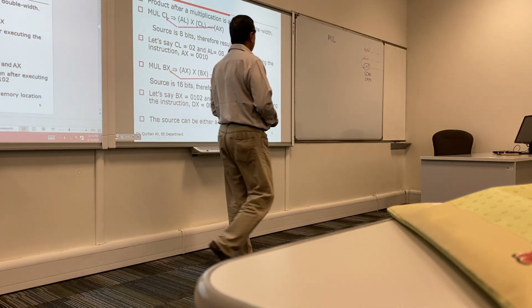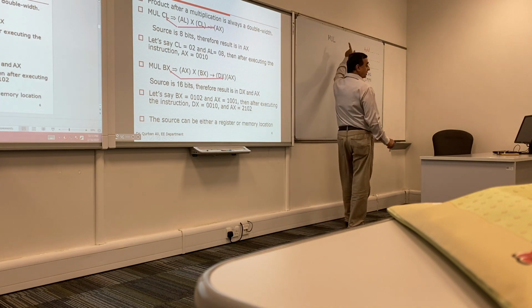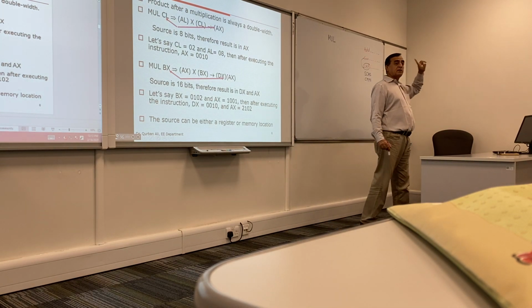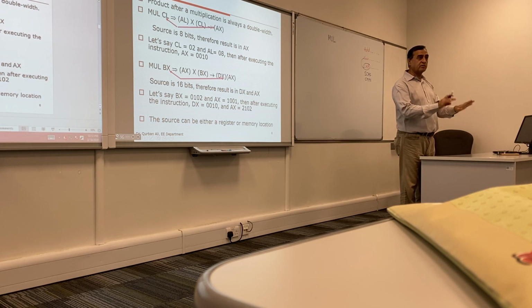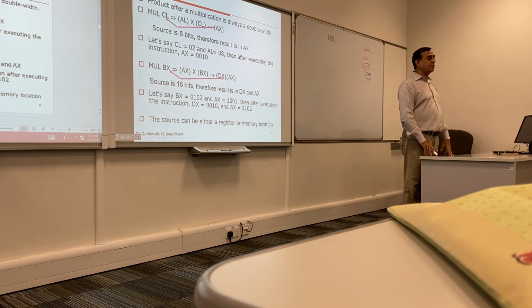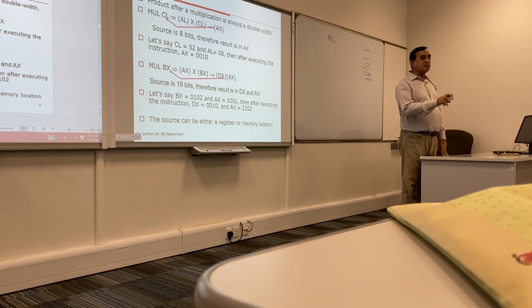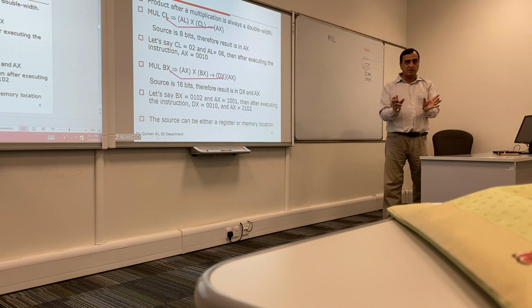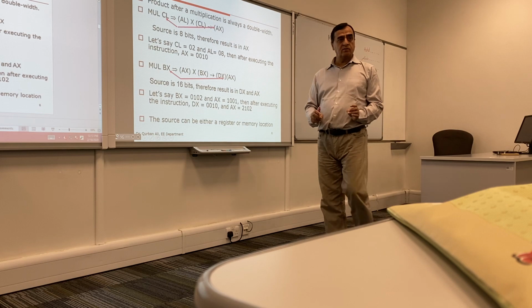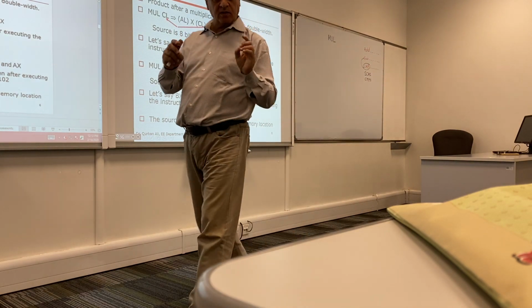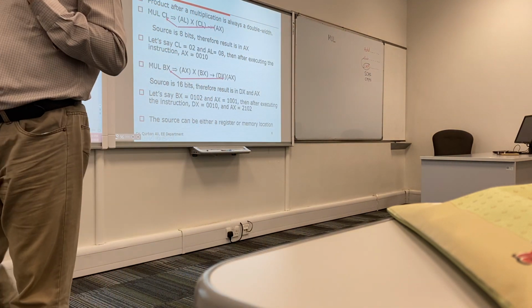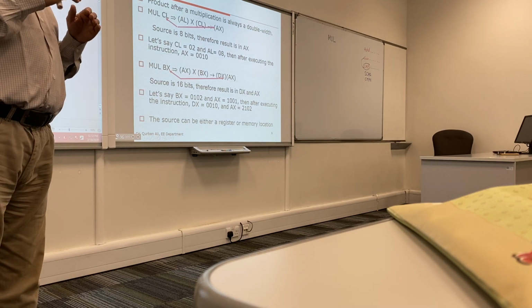And another thing, the first operand is always in the accumulator. Always. So if you multiply 3 by 6, place one of them into AL. Because both are bytes, place any one into the accumulator. And it will be known.